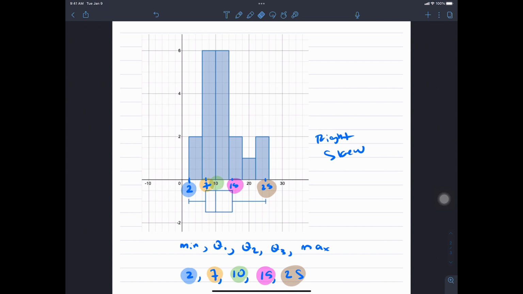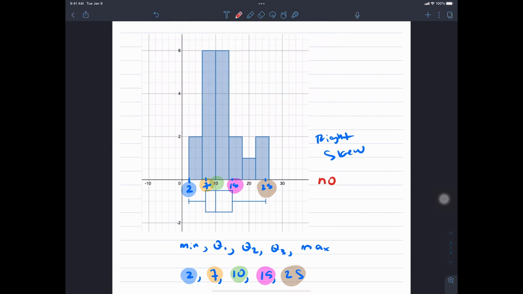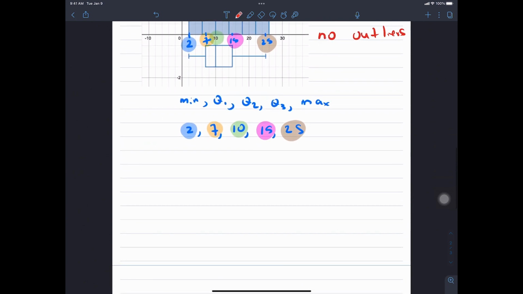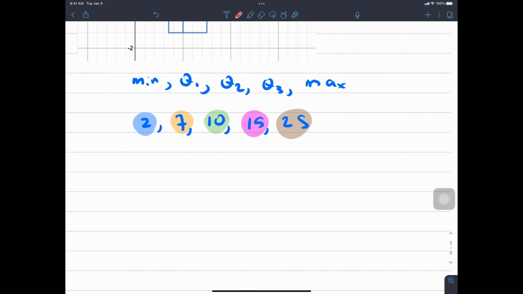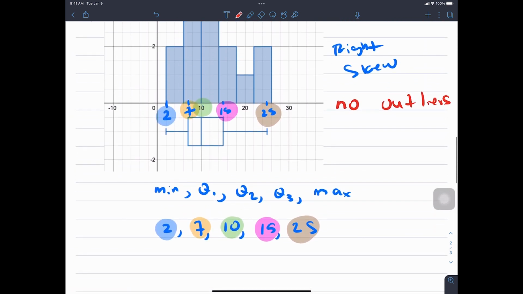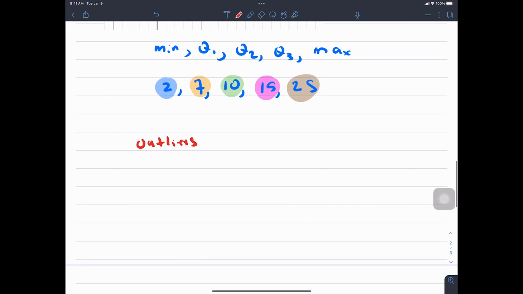Now, there's no outliers. You might say, how do I know there's no outliers? Let's go back to that interval question, because somebody asked it in the break. Decimals would plot the outliers and you would see it. But how do I know for certain? We need the interquartile range.